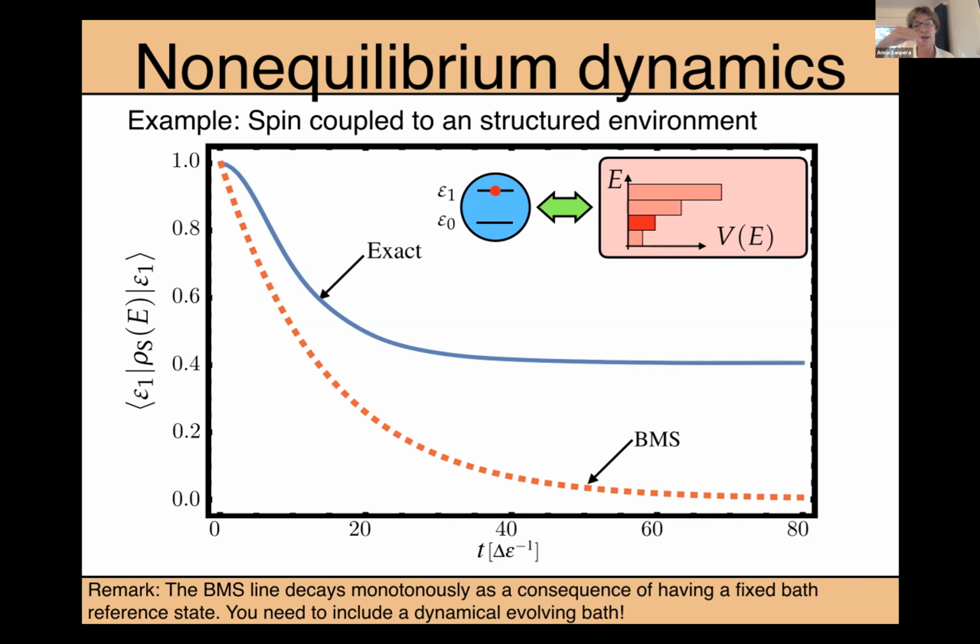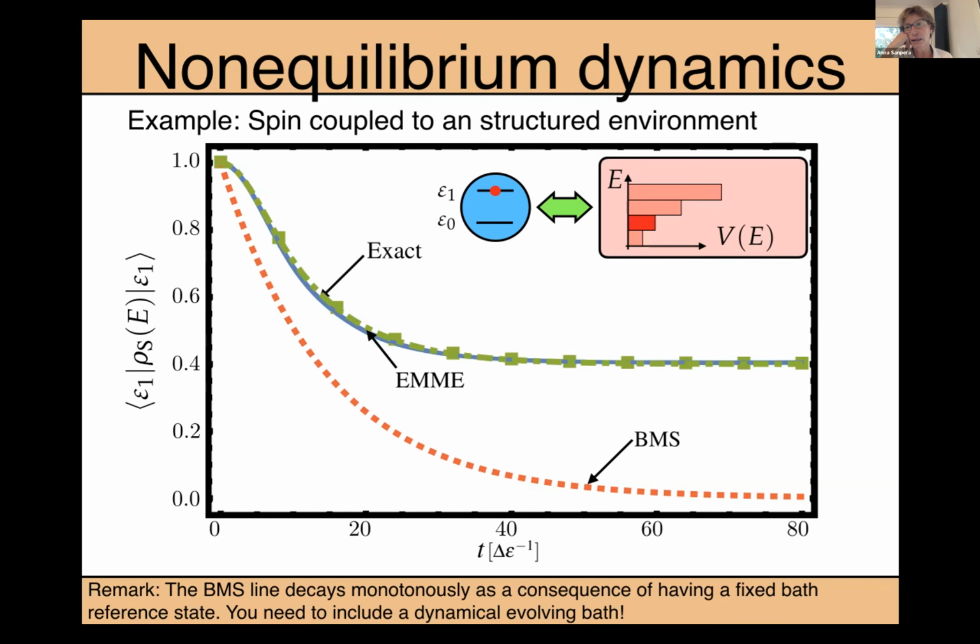After some time, in a time scale inverse to the gap energy, the system equilibrates. But this is quite different from the exact behavior. And if we solve it with our equation, we recover the exact behavior quite well.